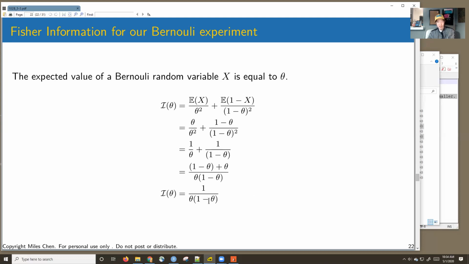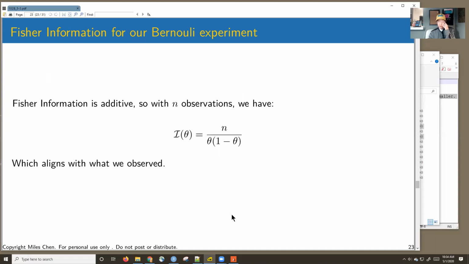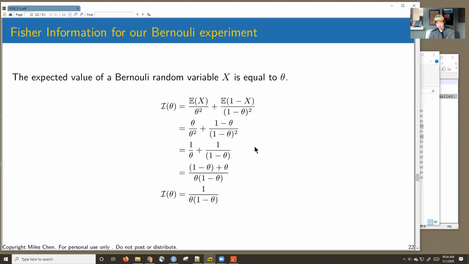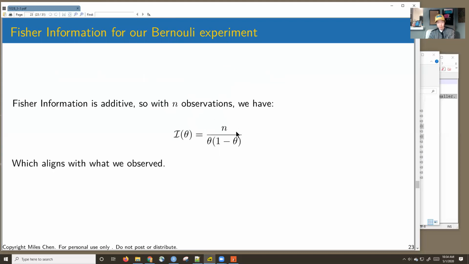All right, so this is the Fisher information for a single Bernoulli random variable. And Fisher information is additive. So if you have independent observations of X, then the information you have gets added together. And so when you take multiple observations of X, with n observations, your Fisher information is going to become n over theta times 1 minus theta.